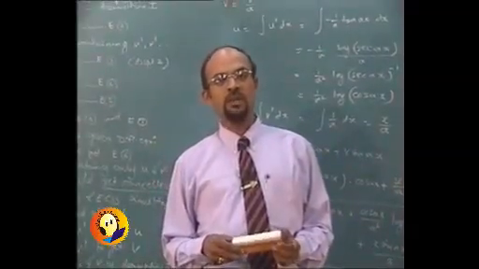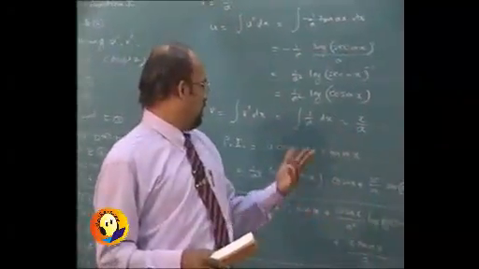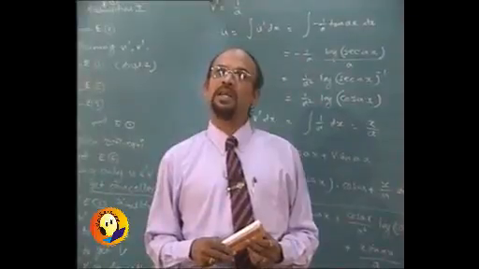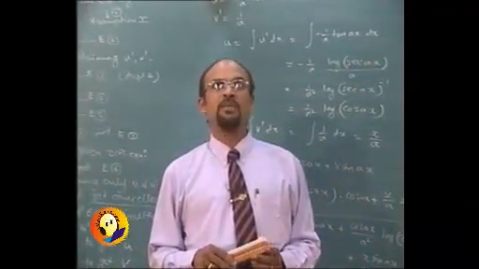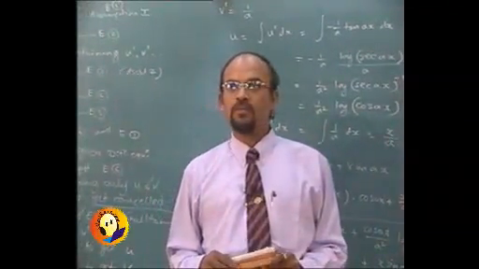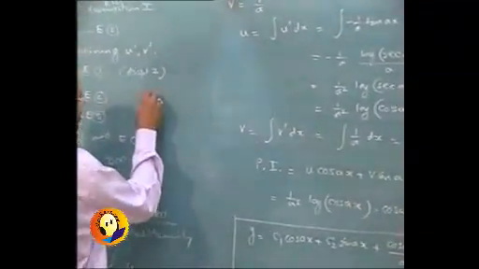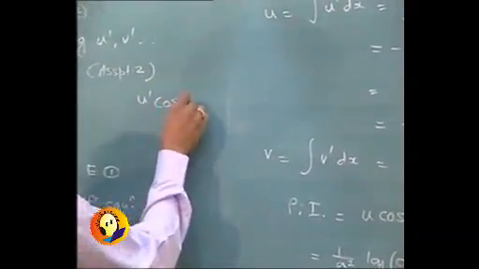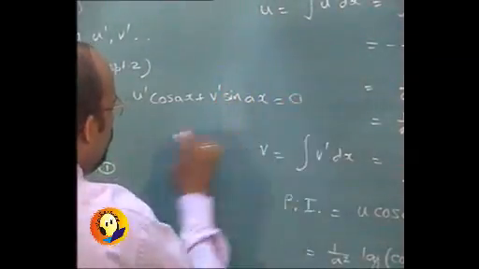So we get equation number 6 in the rewritten form. The terms containing a square u and a square v were getting cancelled, and it was simply the differentiation on the left hand side which was giving me the terms like u dash cos ax plus v dash sin ax, which was equated to 0 in assumption 2.